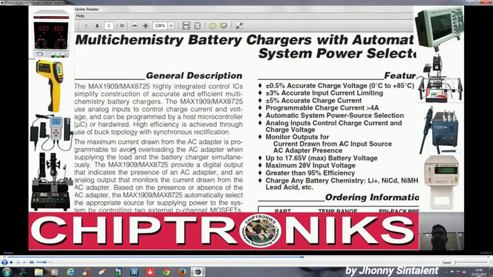It says that for this charger IC, the maximum current drawn from the AC adapter is programmable. This maximum current drawn value, the maximum current drawn by the charger, the output is given to the IO controller. We'll see in this data sheet.